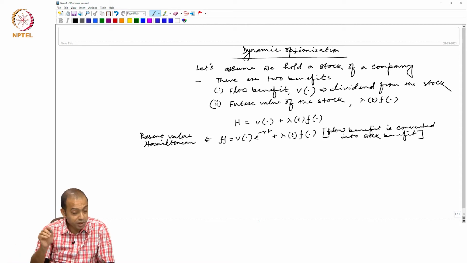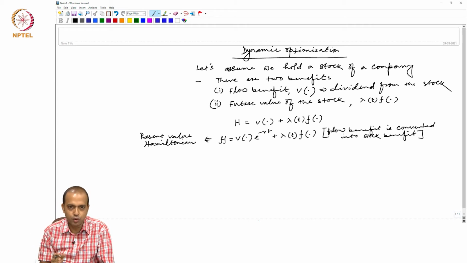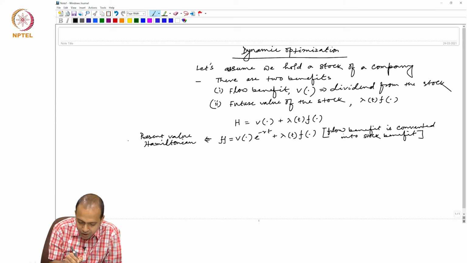By stock I mean the benefit which is realized at present. Instead of getting the benefit over a period of time, I want to get it now. So, obviously, you need to convert this v function into present time by discounting it, where r is the discount rate. So, you have to multiply that with e to the power minus r t. This is one type of Hamiltonian function.